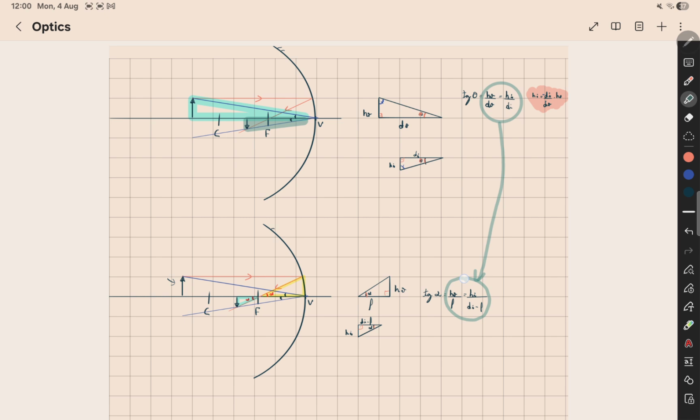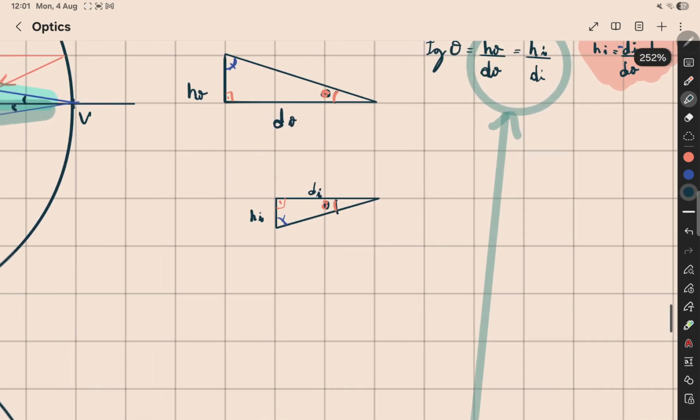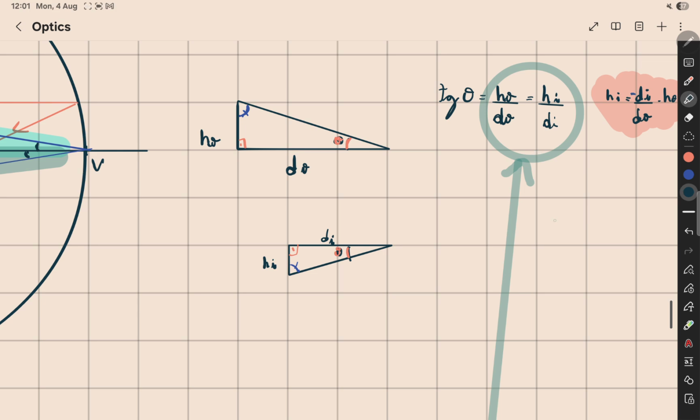How? From the first one, I will use the relationship that the height of the object divided by the height of the image is equal to the distance of the object divided by the distance of the image.